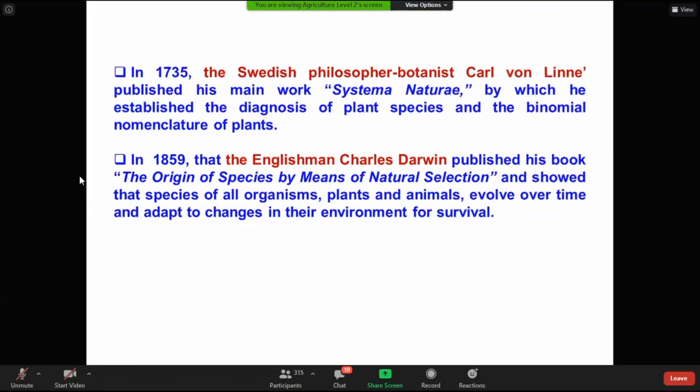The Englishman Charles Darwin, the origin of species by means of natural selection. And he showed that species of all organisms, plants, animals evolve over time and adapt to changes in their environment for survival.